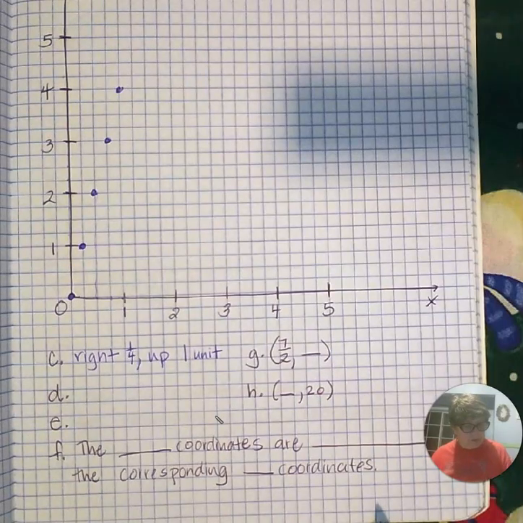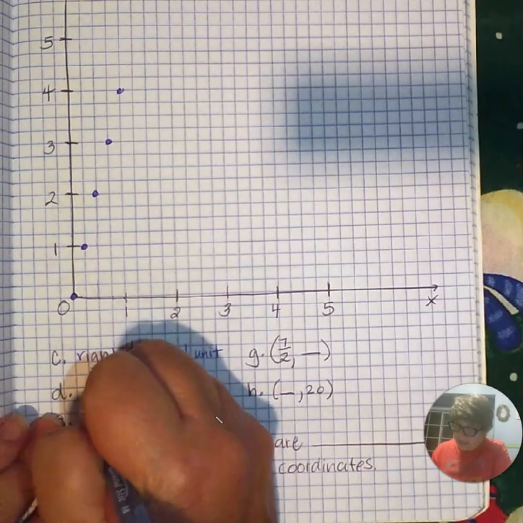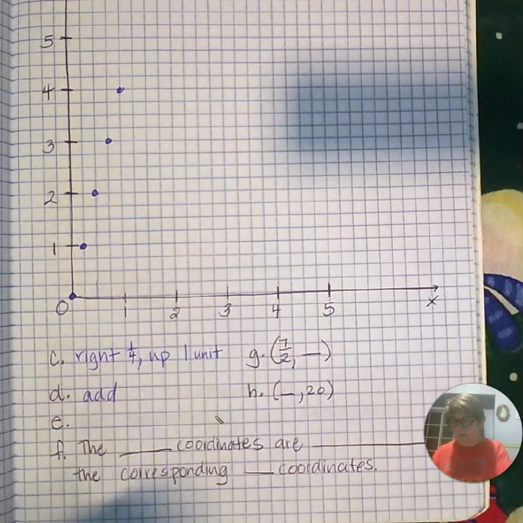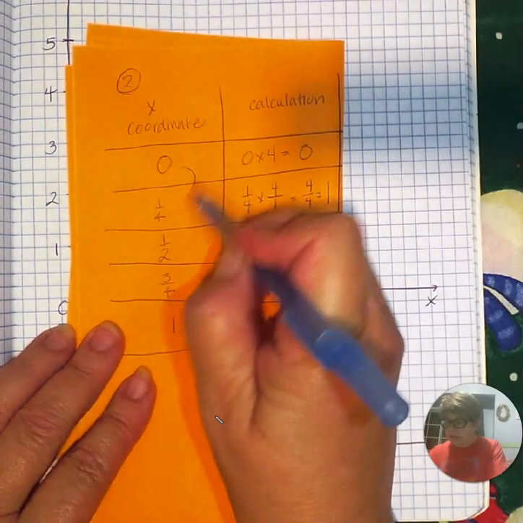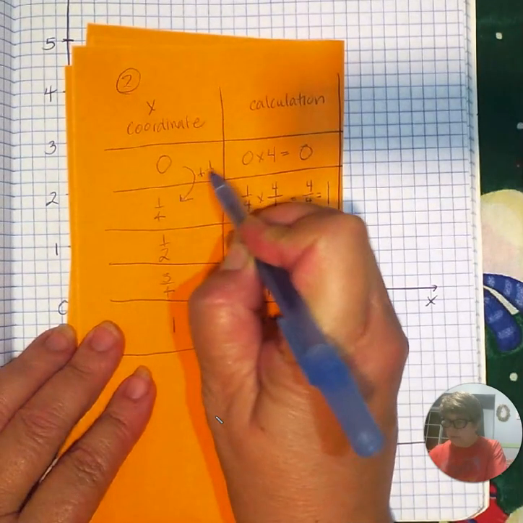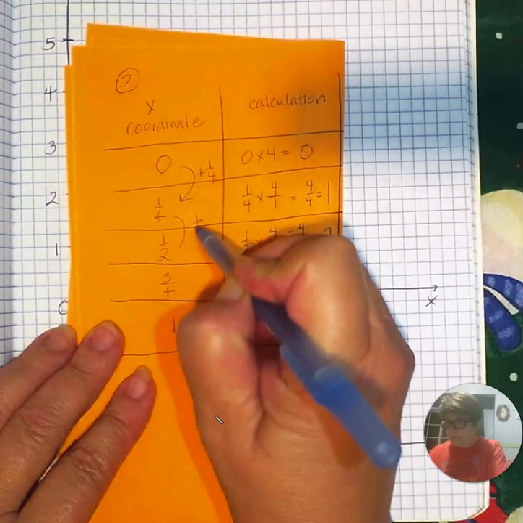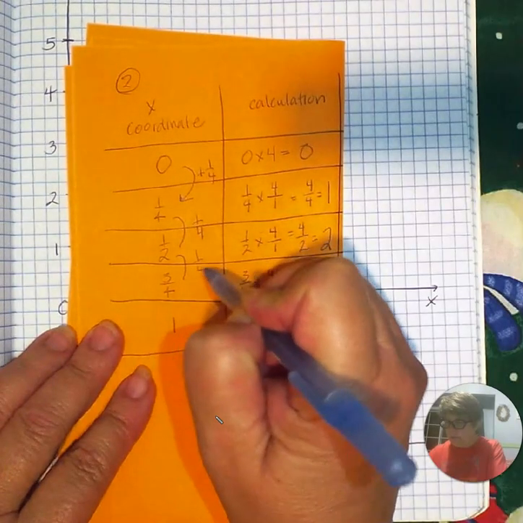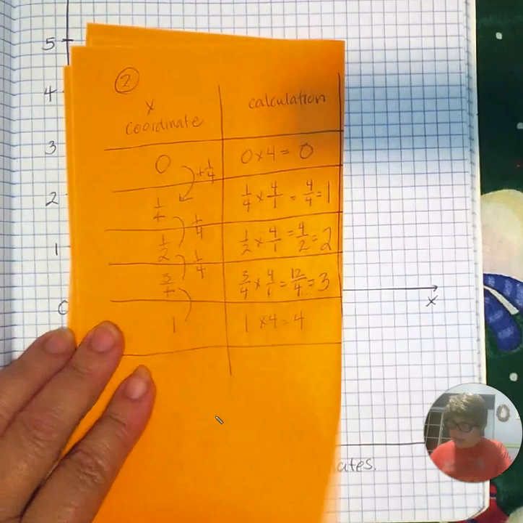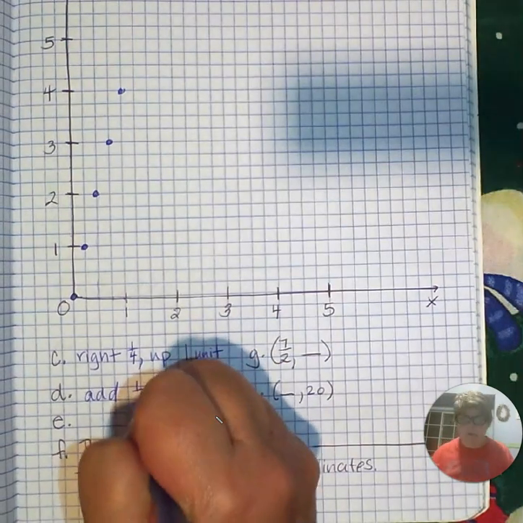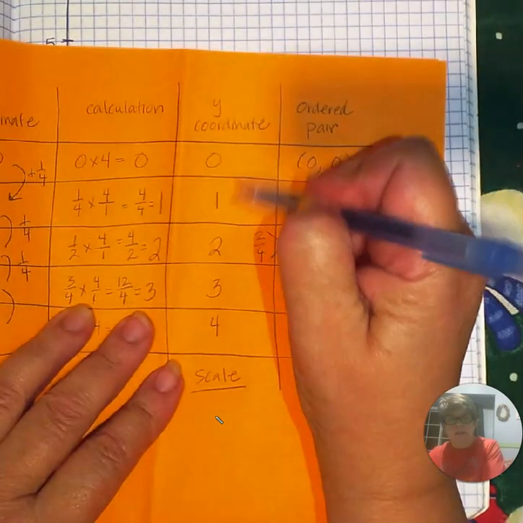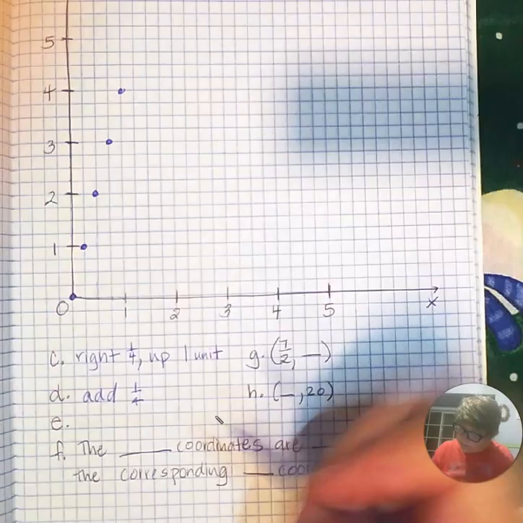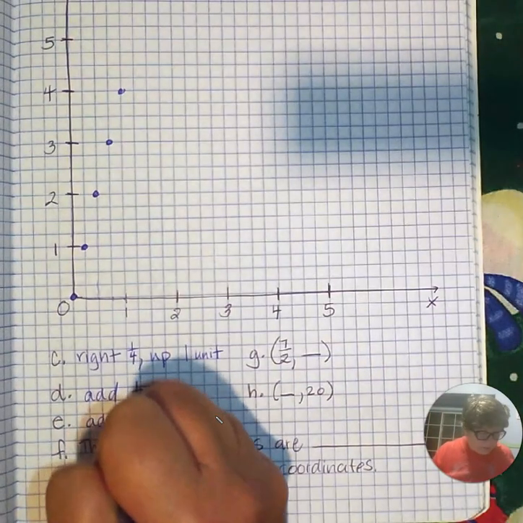What is the rule for the x coordinate? Adding 1/4, adding 1/4, adding 1/4, adding 1/4. Yes. Okay, add 1/4. And what is the rule for the y coordinate? I think we saw it on there. Adding 1 every time. Okay, adding 1, add 1.